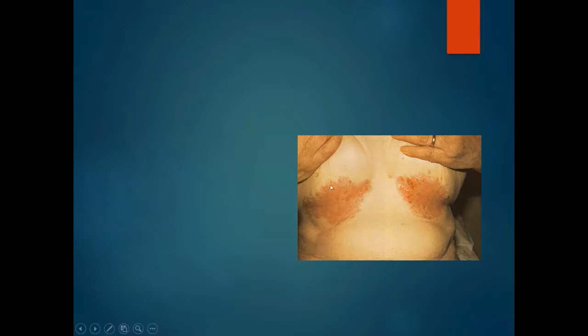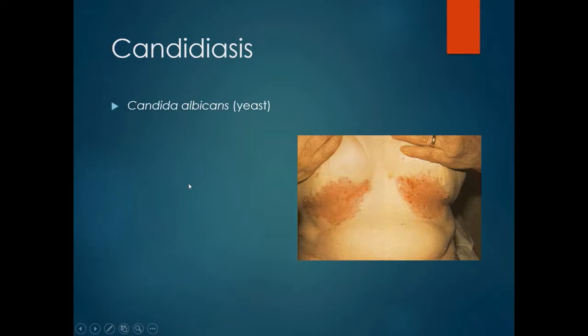Here, beneath the breasts, we have a red macular area. The tissue here is moist and rubs due to friction, and in this case, it is due to Candidiasis, otherwise known as thrush. Candidiasis is a yeast caused by Candida albicans.